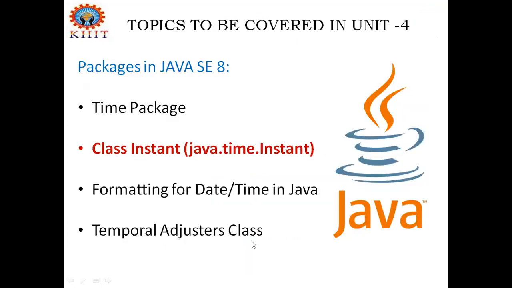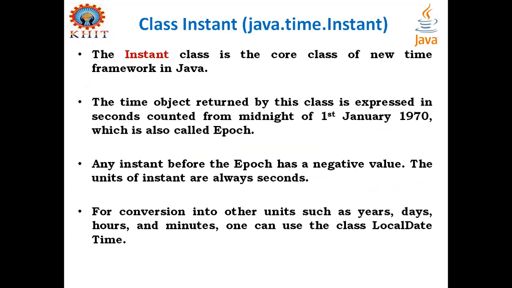Next one, the class Instant, that is java.time.Instant. The Instant class is the core class of the new time framework in Java. This is a class specifically defined for instant time. The time object returned by this class is expressed in seconds, counted from midnight of 1st January 1970.